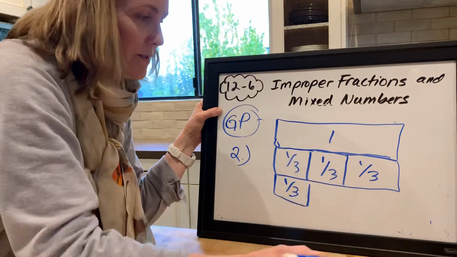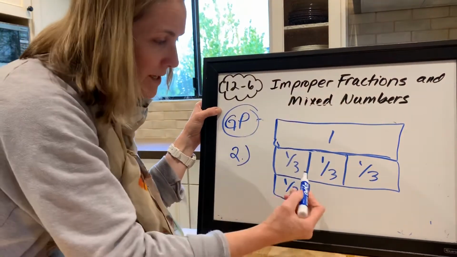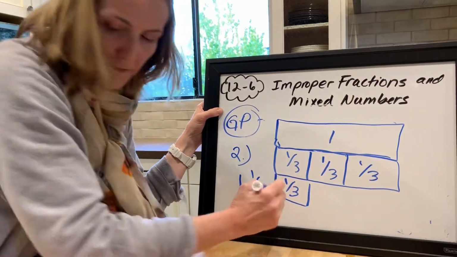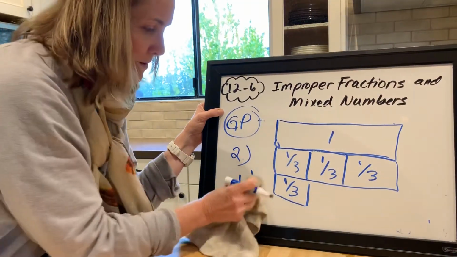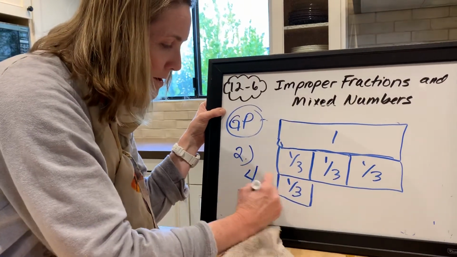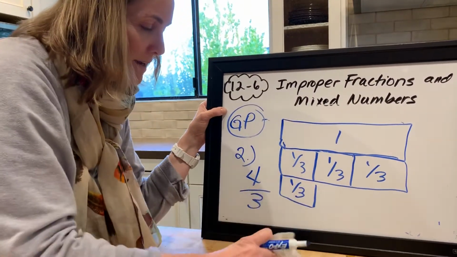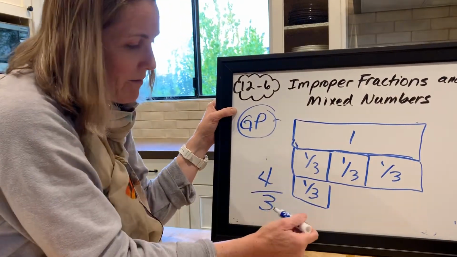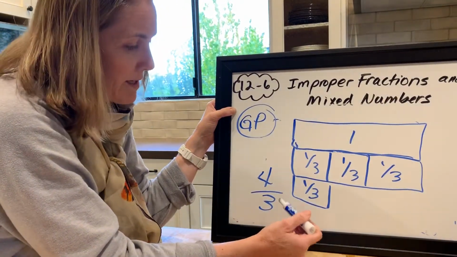Okay. So again, remember, 1 doesn't count. So if we're looking at this 1 whole and 1/3, they give you 4/3. And again, if you get an improper fraction, they want you to turn it into a mixed number.